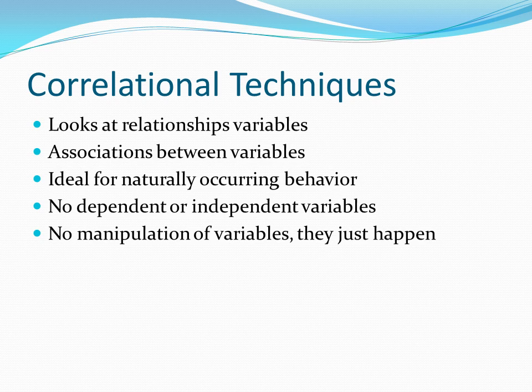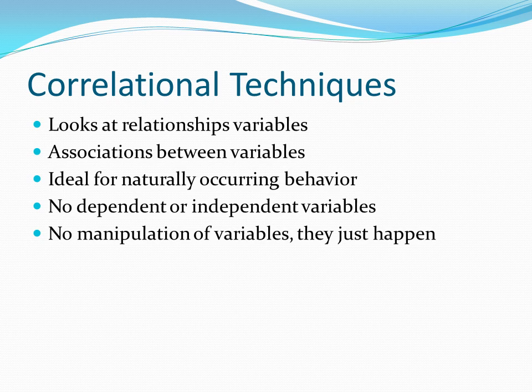With correlational techniques, there are several areas that are very specific to looking at correlations. And one thing that we're going to identify is that we look at the relationships between variables, or associations between variables.